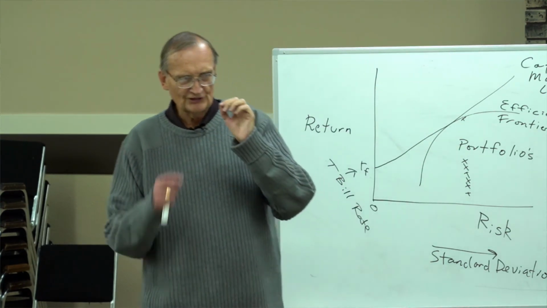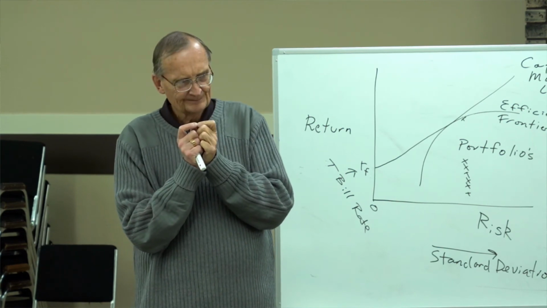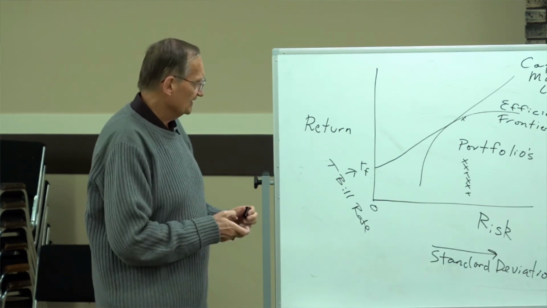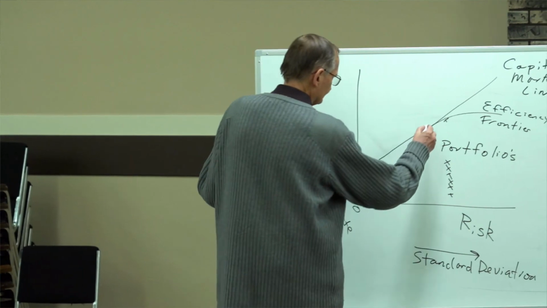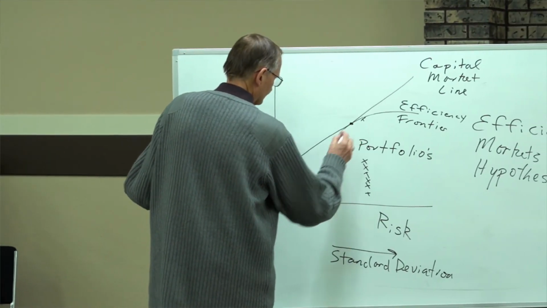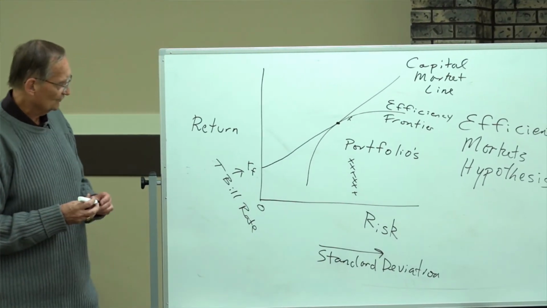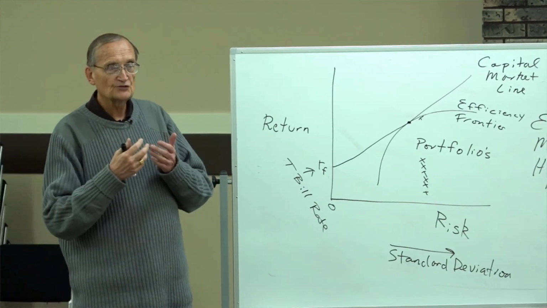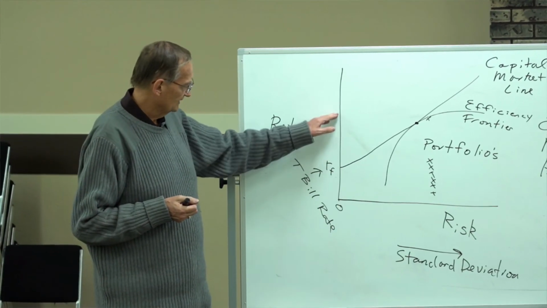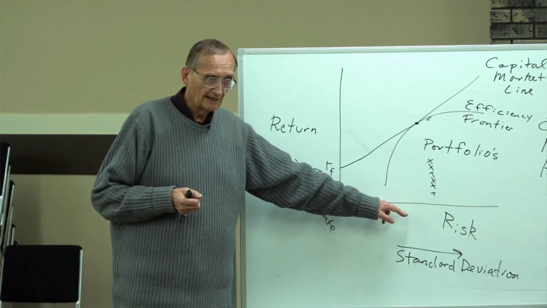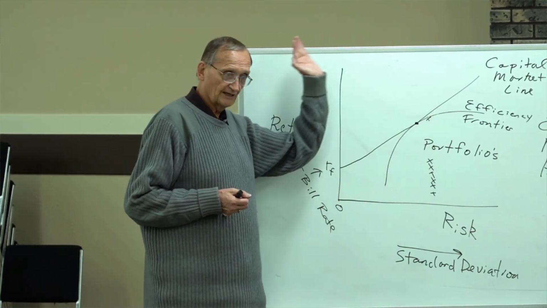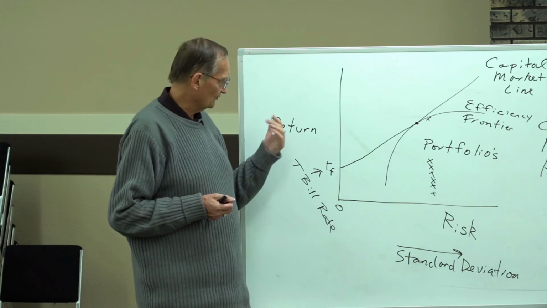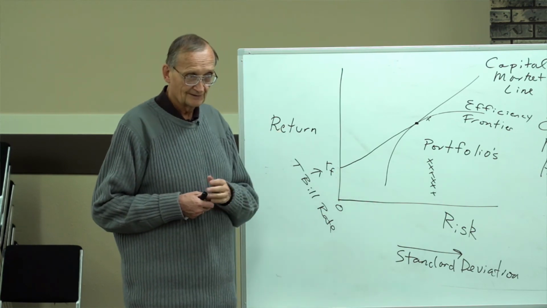Tangency means two things just touch each other at one point. Where do they touch? Right here. That is, on the efficiency frontier, the highest possible return given that risk. I know that because it just touched when it came in. So it's the highest possible return given the risk.